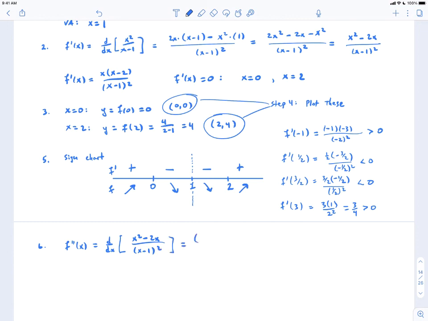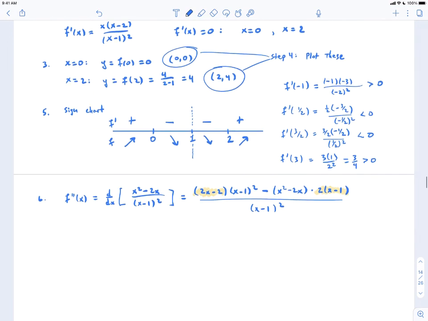So the derivative of the top is 2x minus 2 times the bottom, x minus 1 quantity squared, minus the top, x squared minus 2x, times the derivative of the bottom, and use the chain rule. It's 2 times x minus 1. And we're going to divide all of that by x minus 1 quantity squared. So the first thing that we might notice is that 2x minus 2 is the same thing as 2 times x minus 1. So you can factor that out.